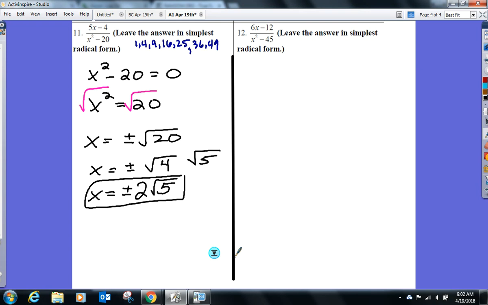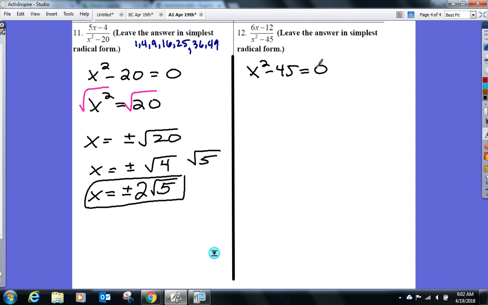Everyone okay? Okay, let's go to this one right here, number 12. Denominator, again, we're looking for when it's undefined, so x squared minus 45 equals 0. Is 45 a perfect square? So this is not a difference of two perfect squares.